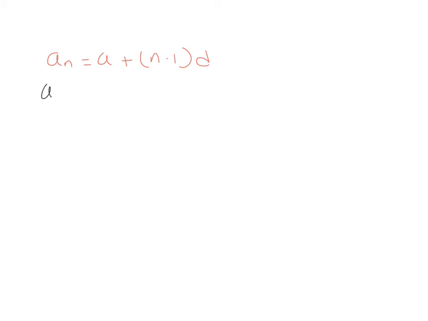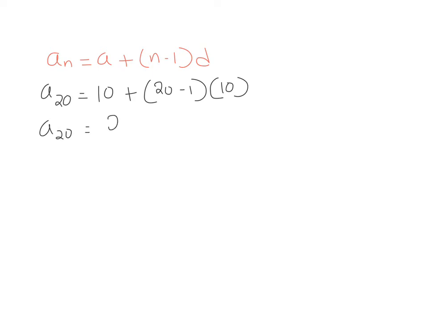So a20 is equal to, what was the first term given in the question? 10 plus, n is 20, 20 minus 1 times d, which is 10. Simplify it. So the 20th term is going to be 200. So the 20th term of this arithmetic progression is 200.